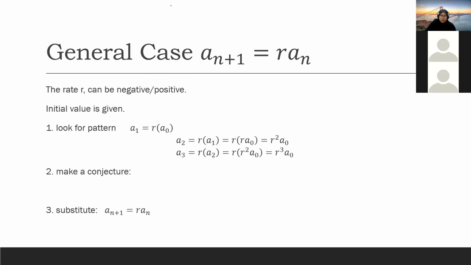Okay, what if, in the general case, R can be any value? R can be negative or R can be positive. So first of all, we look for the pattern of this formula. You can see that A3 and R3, A0 and R0. So you can say A of K equals R to the power of K times A0 in general case.